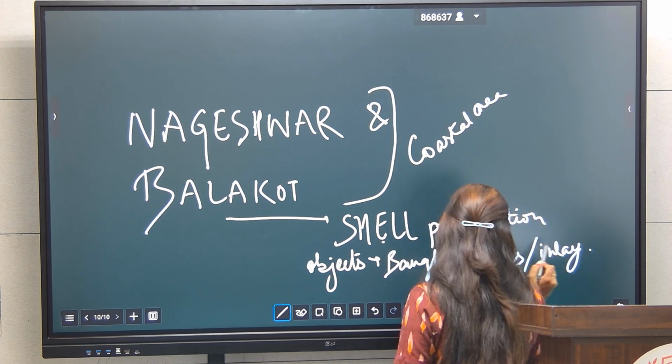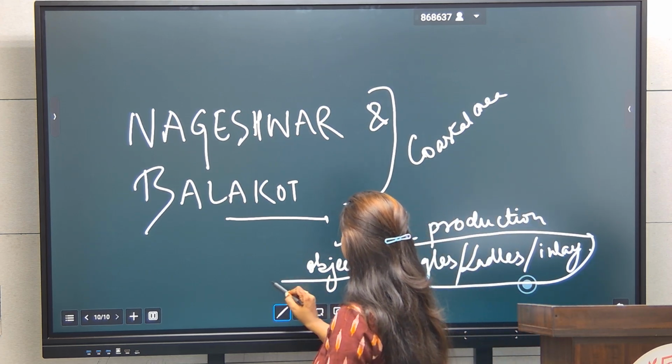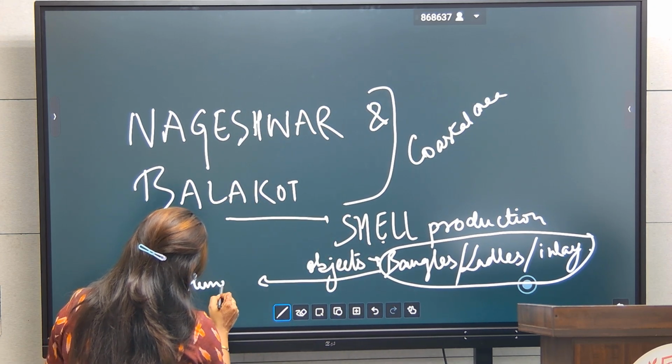And these bangles, ladles and inlay were taken to other settlements.